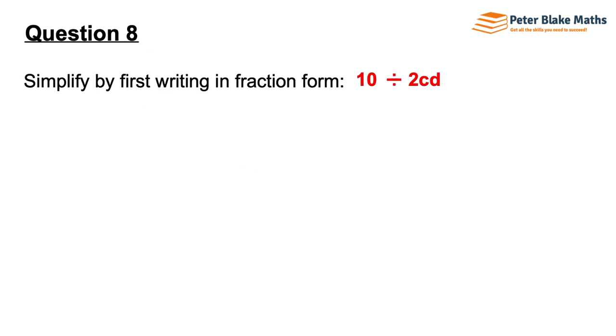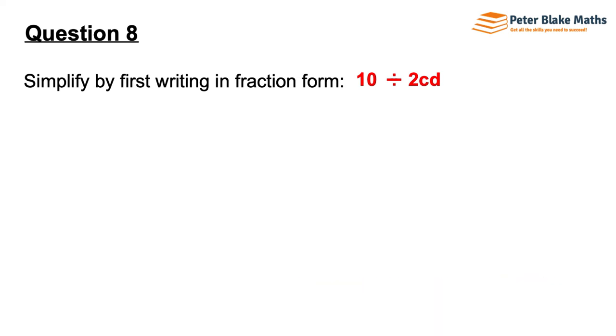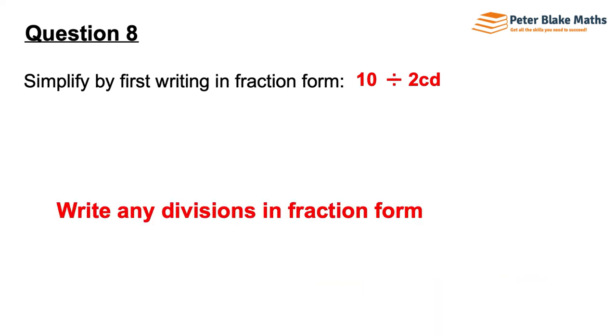Question 8. Simplify by first writing in fraction form 10 divided by 2cd. So we'll write any divisions in fraction form. So 10 divided by 2cd is a 10 over 2cd.